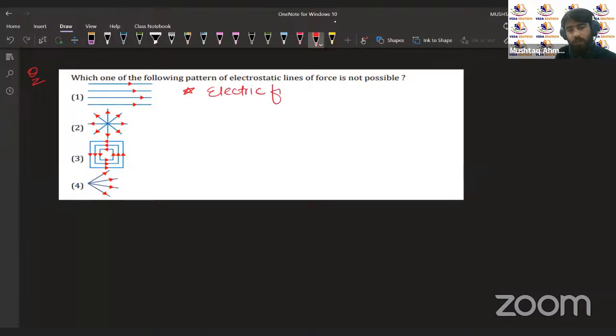Electric field lines due to static charges do not form closed loops, right? But when there is an electric field due to induced magnetic field, right?